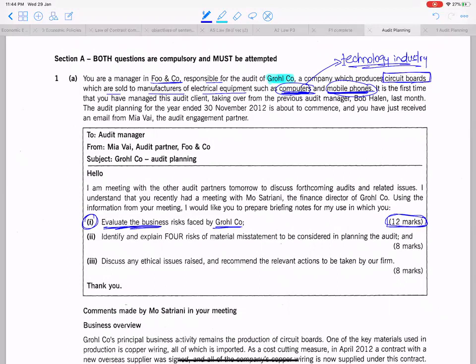Now one more important advice. What the students do in the exam is that they start writing the risk and they think over the risk along with writing. Don't do this.